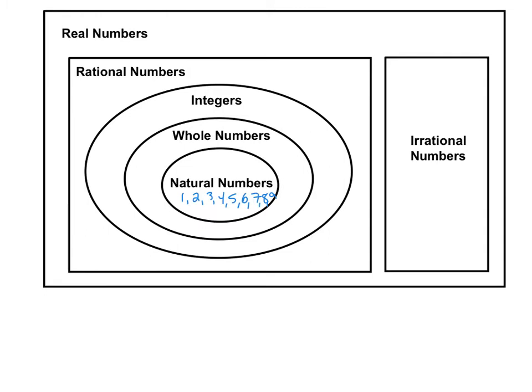And when we move up in our set to the whole numbers, which is just outside of that, we're basically going to add one number to that, and that is the number 0. So whole numbers are very similar to natural numbers. They just actually include the place value of 0.